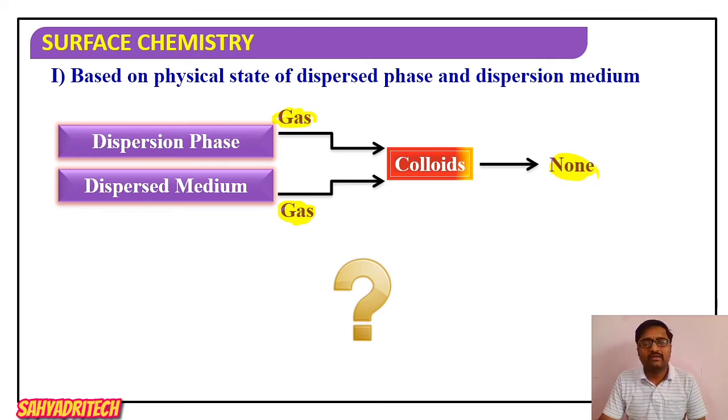Can you think over it? If I consider all possibilities, there are different types of colloidal forms. But if both dispersed phase and dispersion medium are in the gaseous state, there is no colloidal system formation. What is the reason?